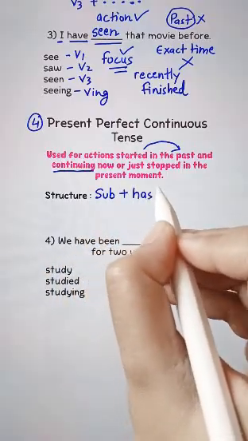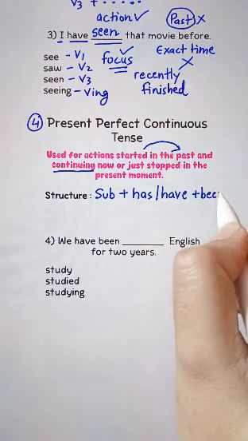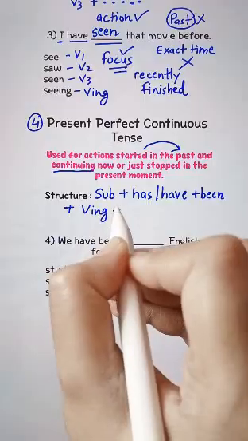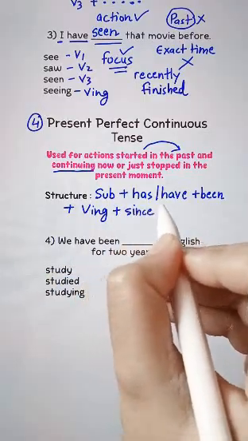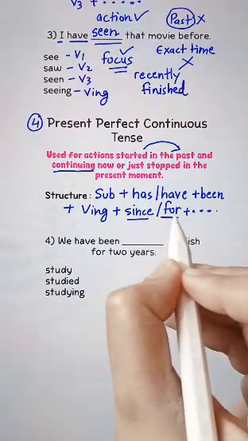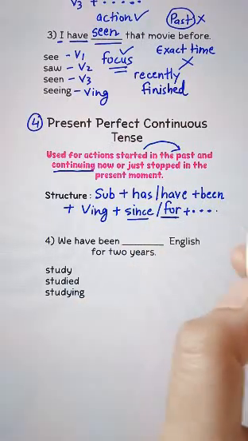The structure is subject plus has or have plus been plus the ing form of the verb plus since, for plus the remaining sentence. Since and for are very important for present perfect continuous tense.